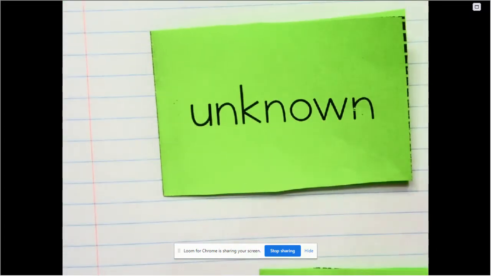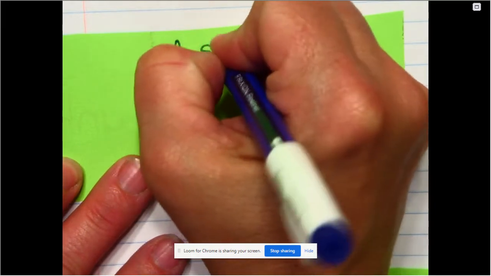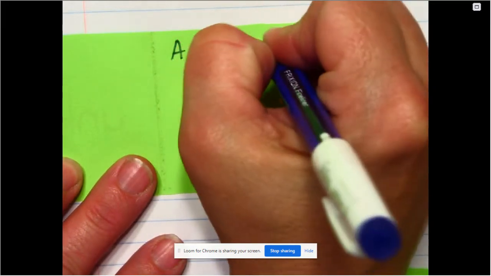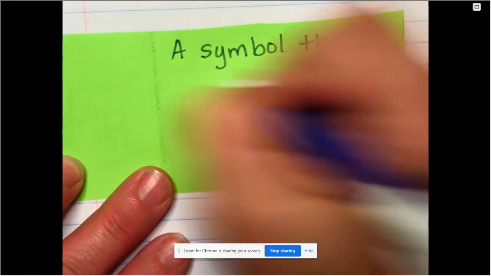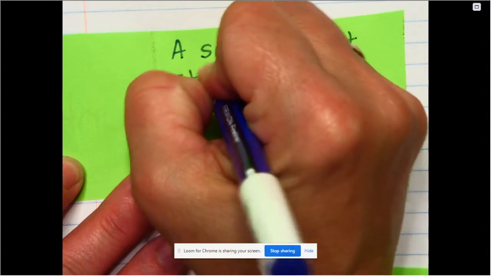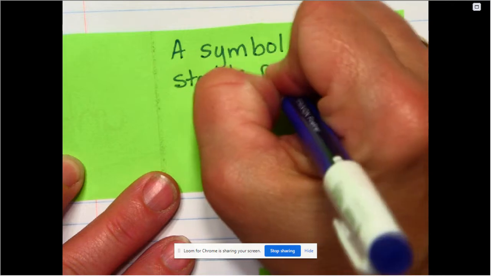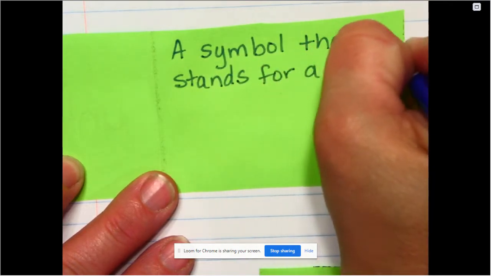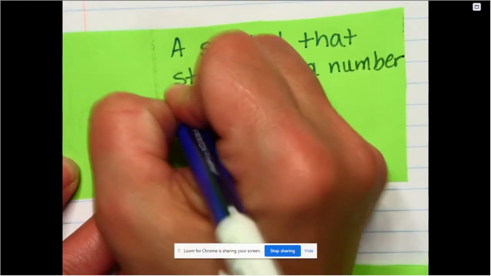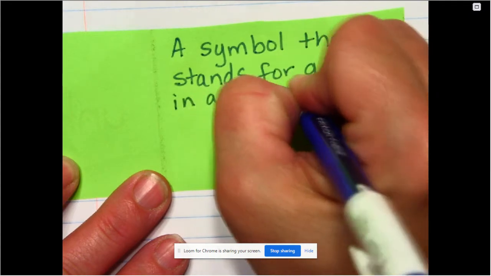Okay, we're going to go to unknown. Open that page up. It means a symbol that stands for a number in an equation.